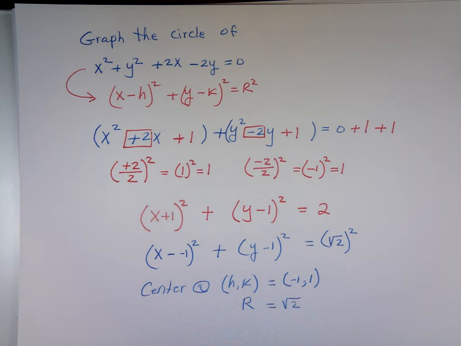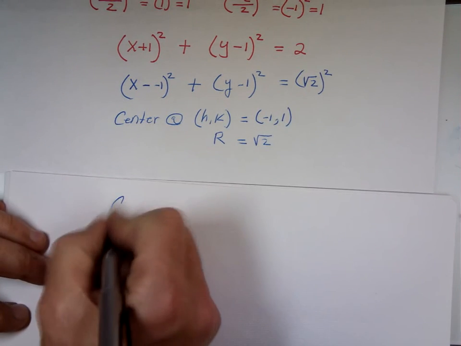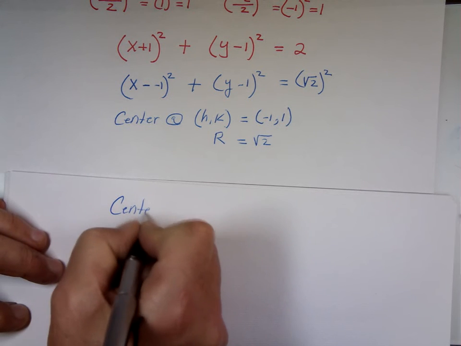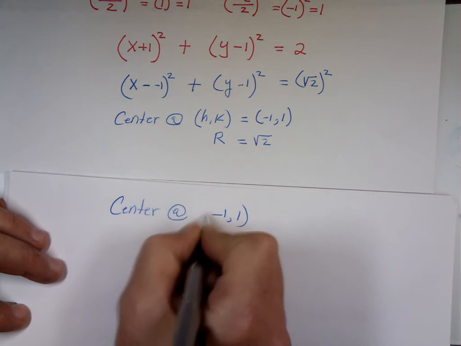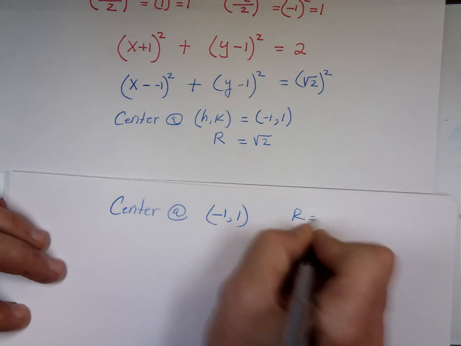So if I go to graph it now, here we go. Center at negative 1 comma 1, r equals the square root of 2, which is roughly 1.4.